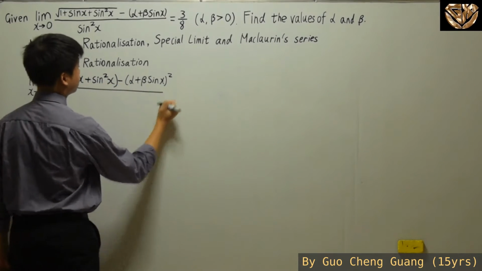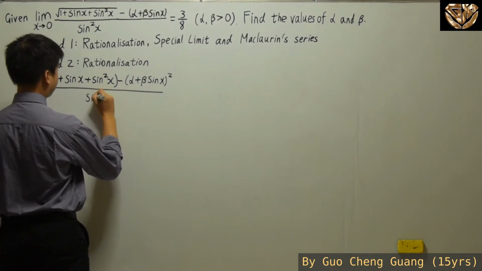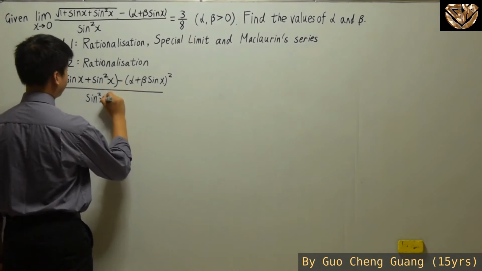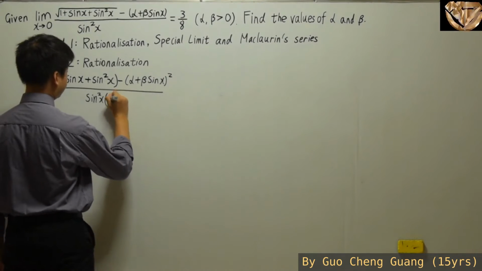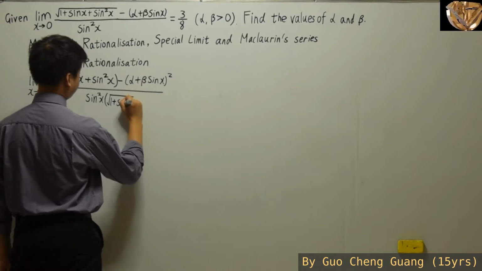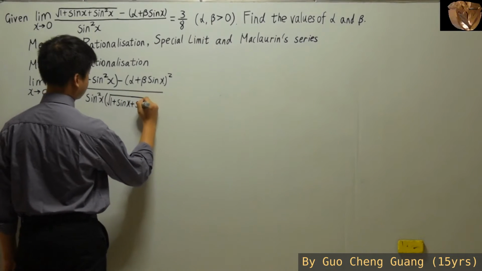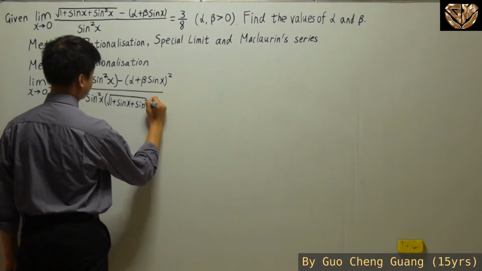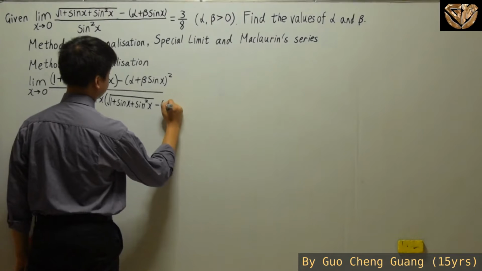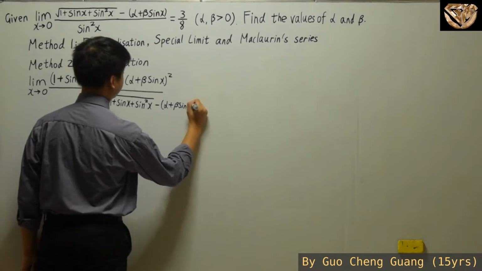Then this is divided by sine square x, and you also have to multiply (square root of 1 plus sine x plus sine square x, then plus alpha plus beta sine x).